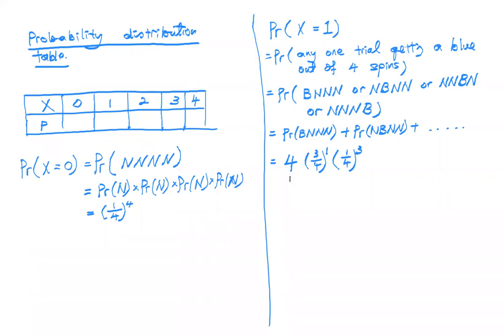So bear in mind, what does the first number tell you? Number of ways of getting 1 blue out of 4 spins. Am I right in this case?